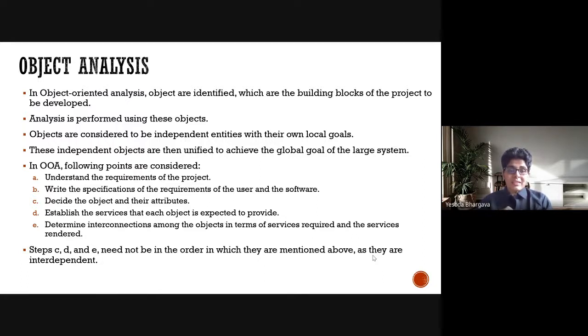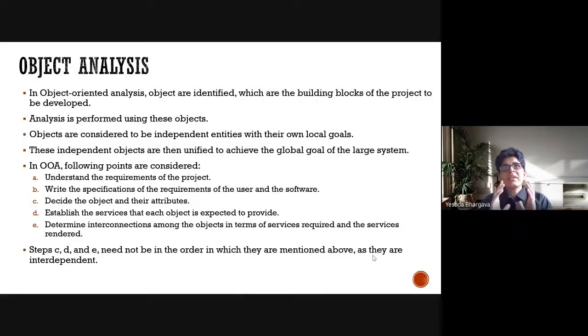So basically objects are considered as independent entities with their own local goals. However, they are interacting with other objects also through collaboration to pass a message across the objects, so that whatever the system is trying to accomplish can be done. So, in object oriented analysis, there are some points which are considered.